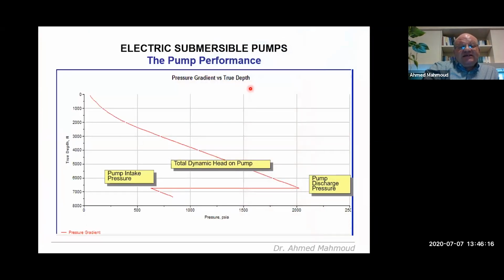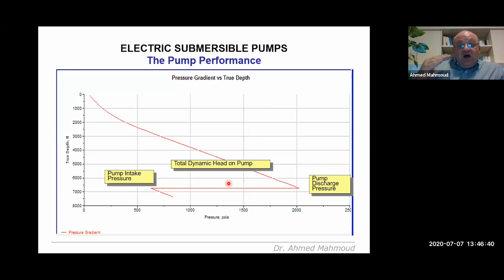Okay, so this is the delta P, and again, the delta P here is pretty high. Typically, if this is reservoir pressure and you're producing from reservoir pressure to inside the wellbore, the delta P, or the total dynamic head which the ESP is compensating for you, is quite big. And the good thing is that it's within your control.